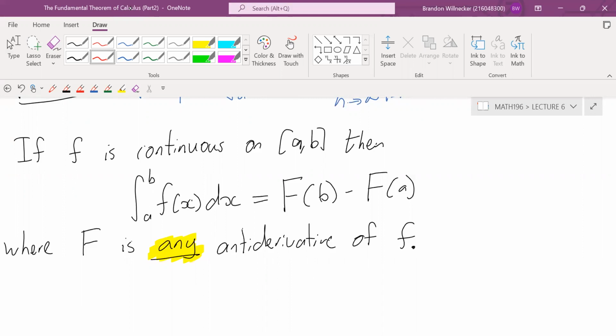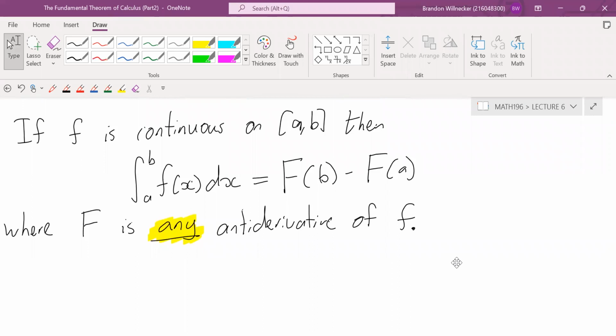Because remember, the antiderivative is not unique. If I give you some little f and ask you to find the antiderivative, what I'm actually asking for is the family of antiderivatives. There's more than one. However, remember from last time, the antiderivatives only differ by an additive constant.